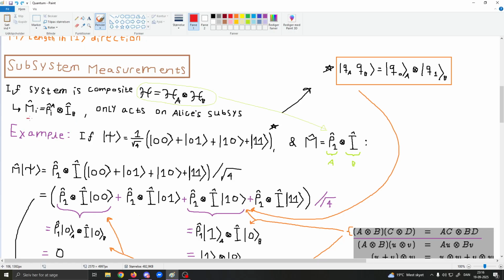So how do we interpret this object? Well, it's a measurement which does a projective measurement on Alice's subsystem while ignoring Bob's subsystem, because the identity operator applied on a matrix just returns that matrix. Cool.